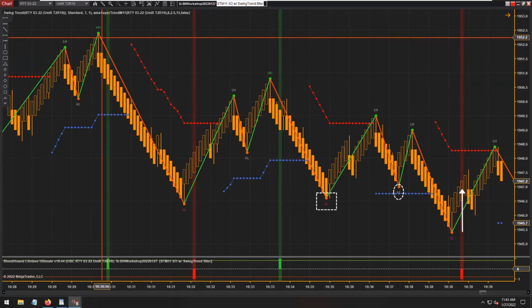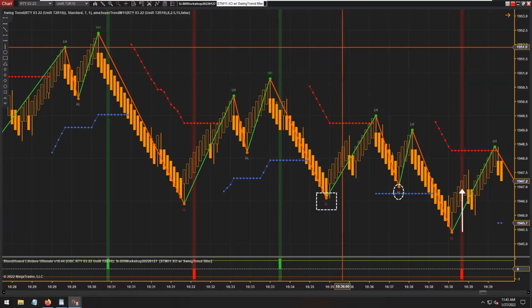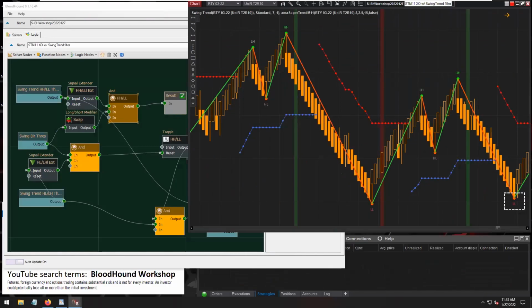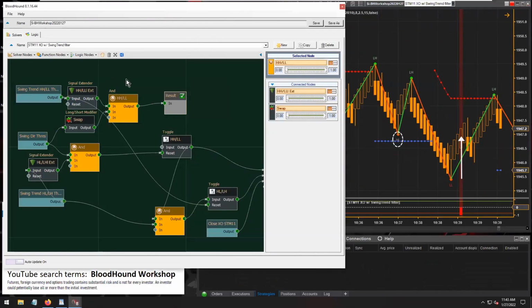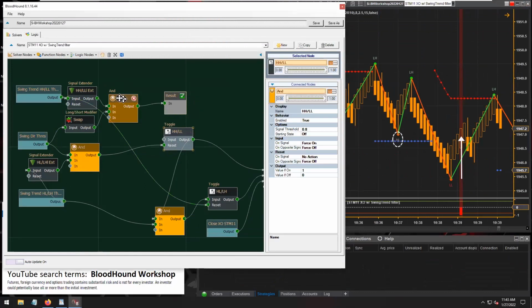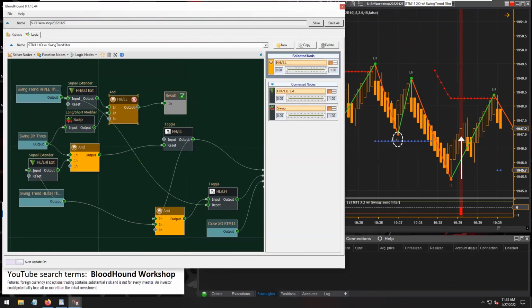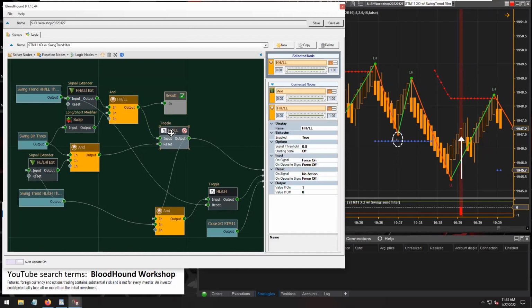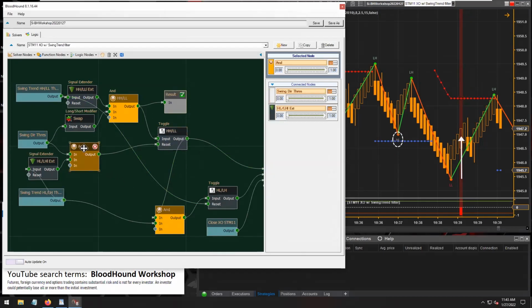We're identifying them once they're locked in, so afterwards. So we'll take these signals and then feed them into the toggle node. Now we're not turning that toggle node on too soon. We're waiting for the higher highs and lower lows to get locked in before turning the toggle node on. All right, so that should generate some more accurate signals here.